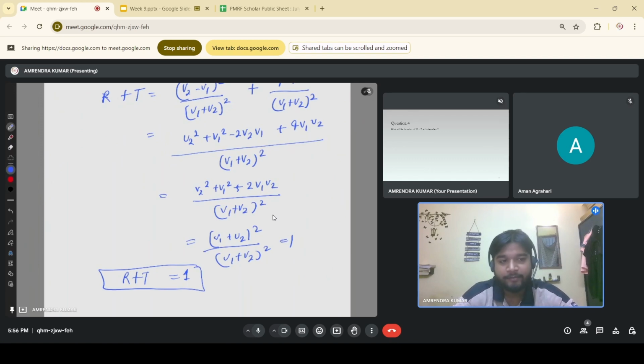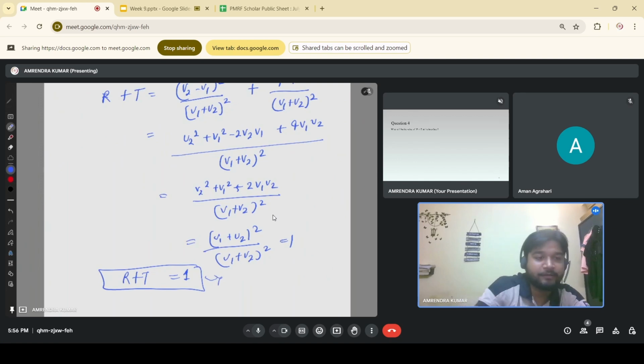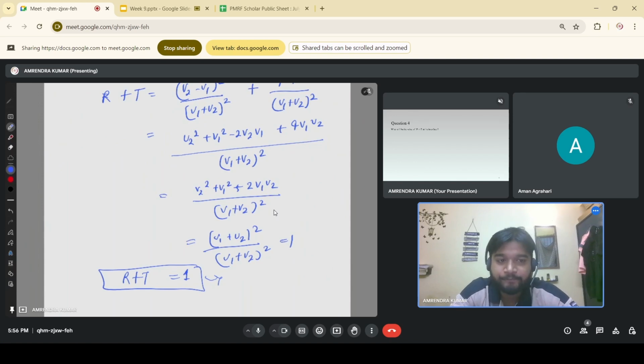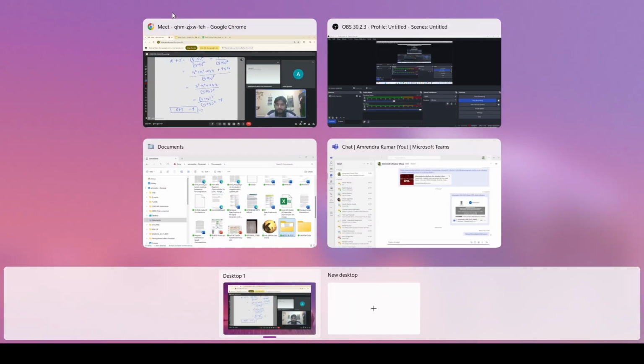The energy should not disappear, increase or decrease. It should be conserved. Whatever you are sending and reflecting, it should be one, because you have normalized it with the incident energy. That's why it should be one, the normalized one.